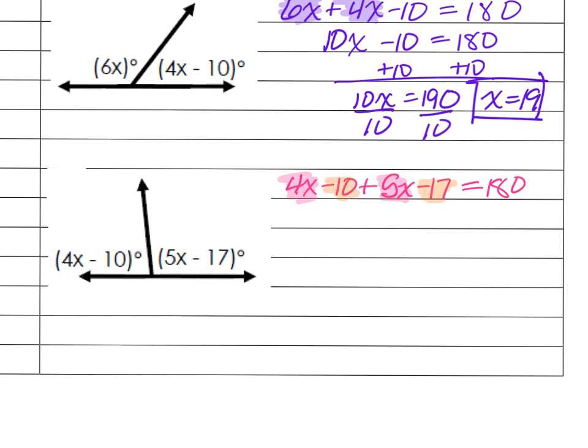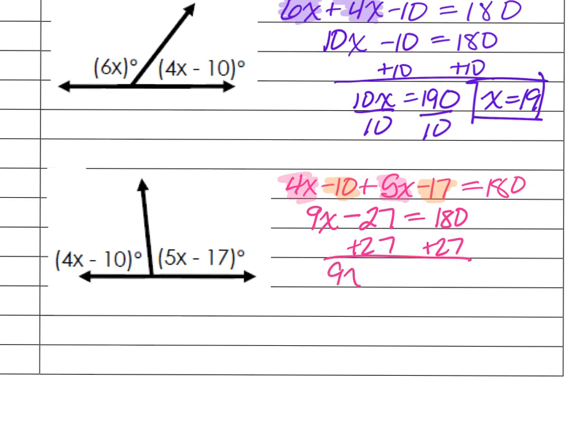I'm just going to combine them together, not changing the signs. So 4x plus 5x is 9x. And negative 10 minus 17 is negative 27, equals 180. And then I'm going to add 27 to get it to the other side of the equal sign.